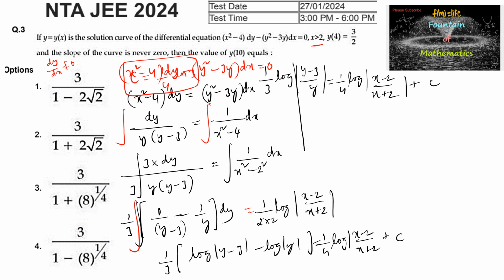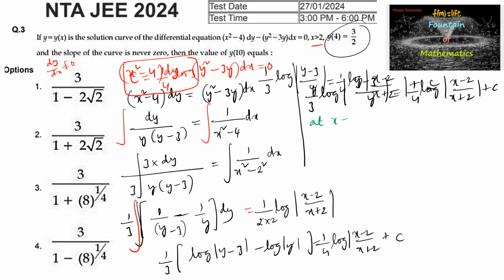So we can simplify here: 1/3 log|(y − 3)/y| = 1/4 log|(x − 2)/(x + 2)| + c, and it is given that at x = 4, the y value is 3/2. Let us substitute here.